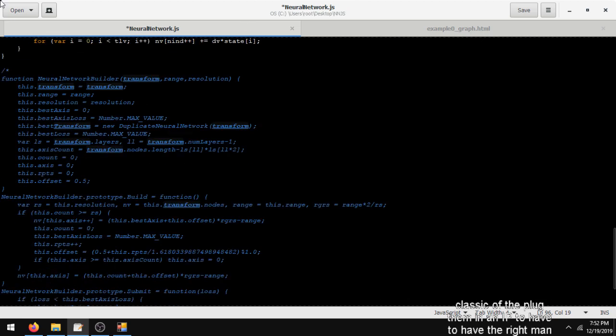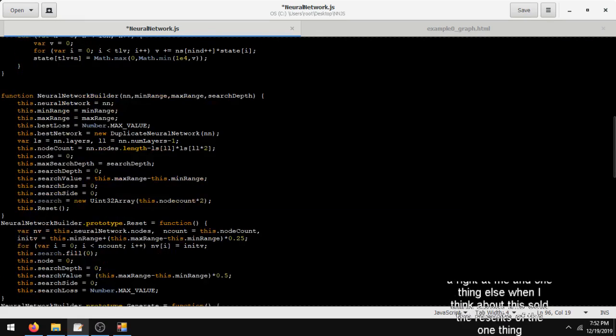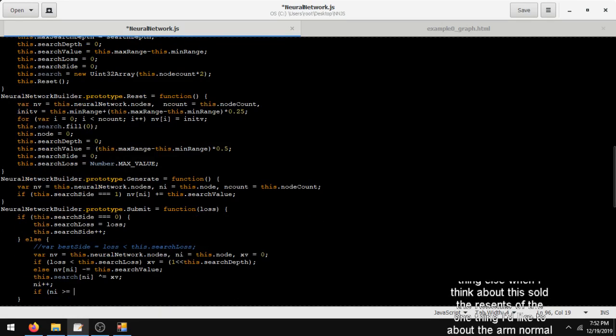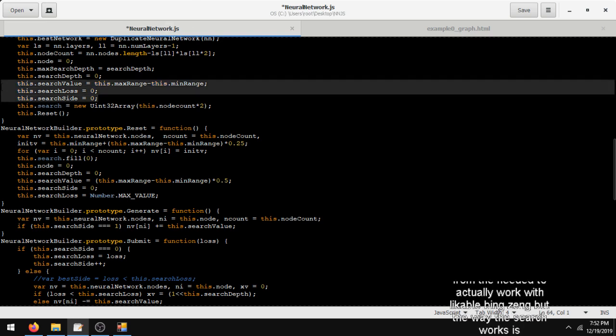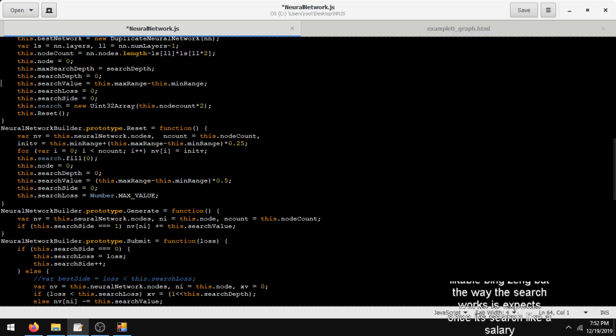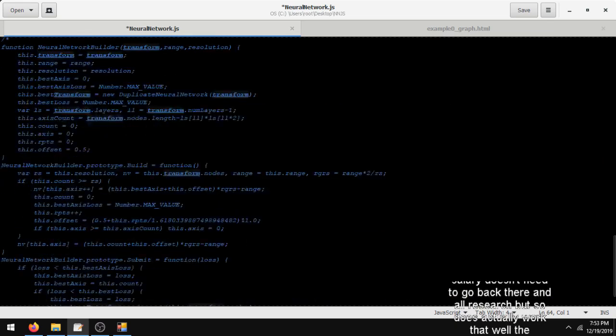One thing I also want to think about is, the one thing I liked about the normal method with the derivatives is if what you're searching for, the surface, is changing, because for example, if you're doing a generative adversarial network, it's going to be based on the other network you're training. You need it to work with a moving thing, but the way this search works is it expects that once it's searched a cell, it doesn't need to go back there because it's already searched it, so it doesn't work that well with moving things.